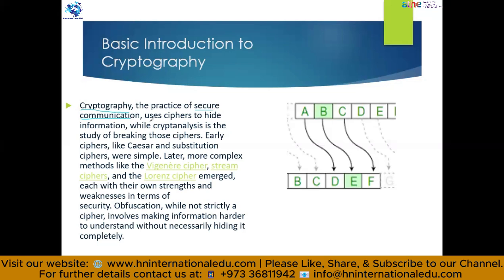It uses ciphers to hide the information. Later on we will see what ciphers are, while cryptanalysis is the study of breaking those ciphers. Early ciphers like Caesar and substitution ciphers were simple. Later, more complex methods came, which we will see in upcoming slides.